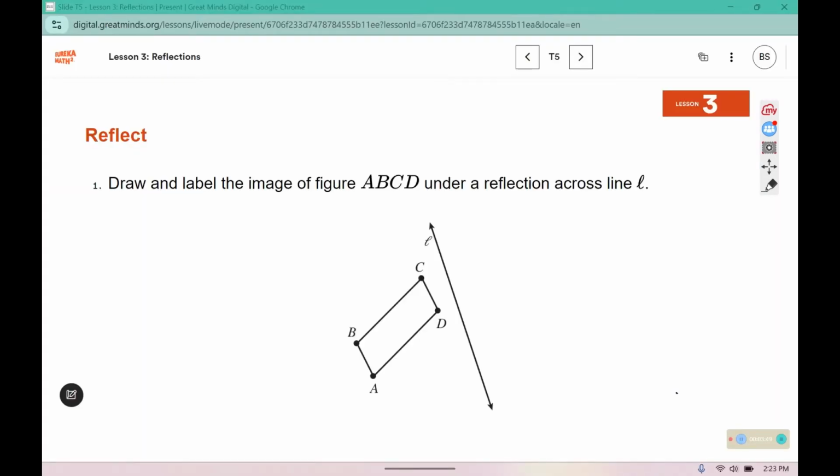So just like before when I was creating translations in the previous lesson, I'm going to show anything that I put on my tracing paper in red and anything that I put on my workbook page in gray or black to represent your pencil on your workbook. So we're going to start on our tracing paper by tracing the line of reflection and the figure.